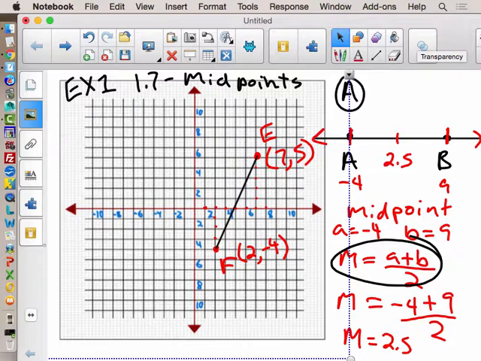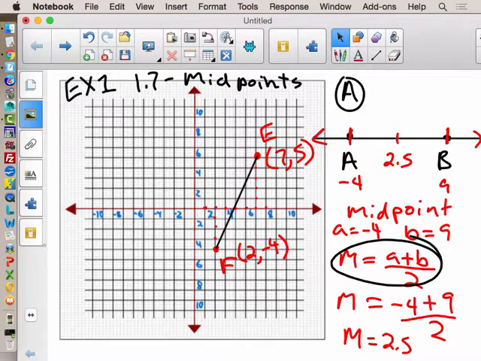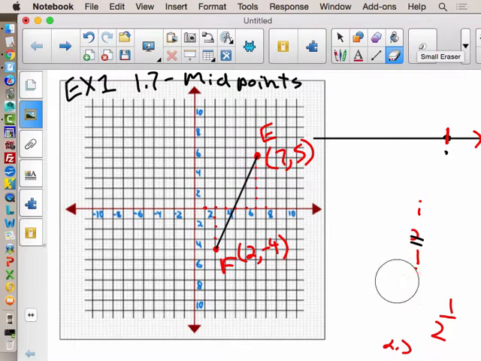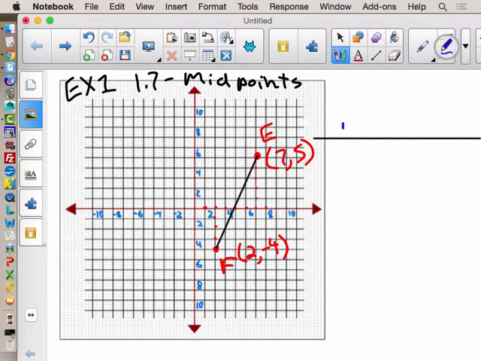Okay, cool. So now mathematically what I would do, if it's all right with you guys, can I erase the stuff on the side? Yeah. All right. So now this is like part B. So now to find the midpoint in the two-dimensional plane, the formula is just a little different.